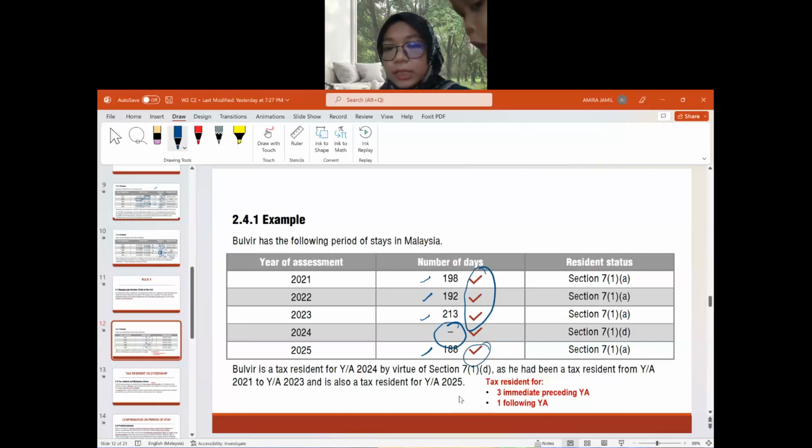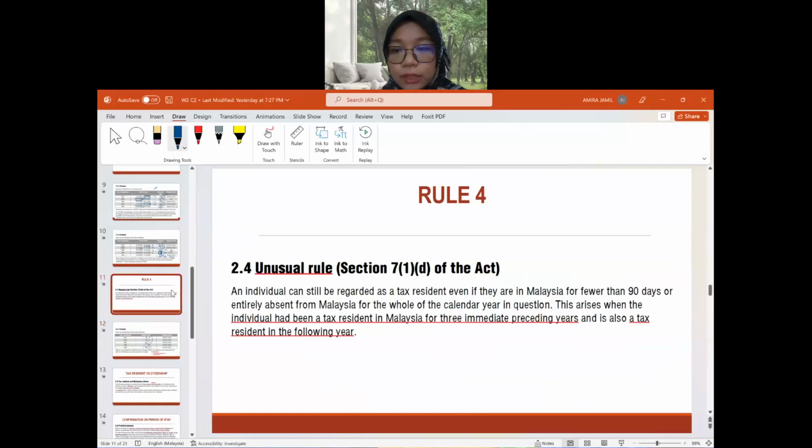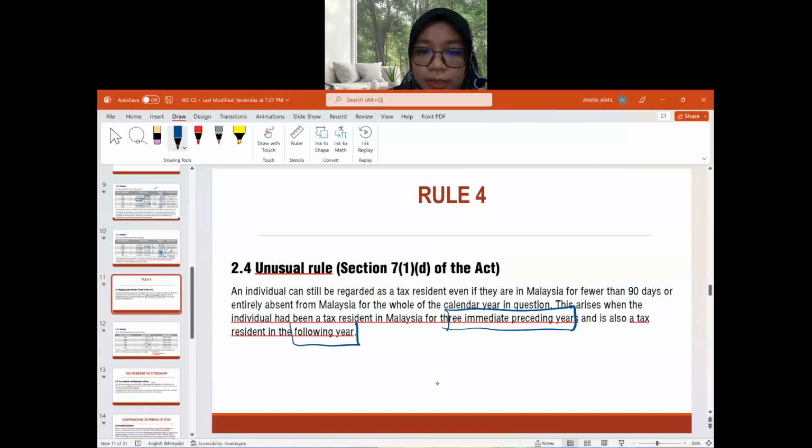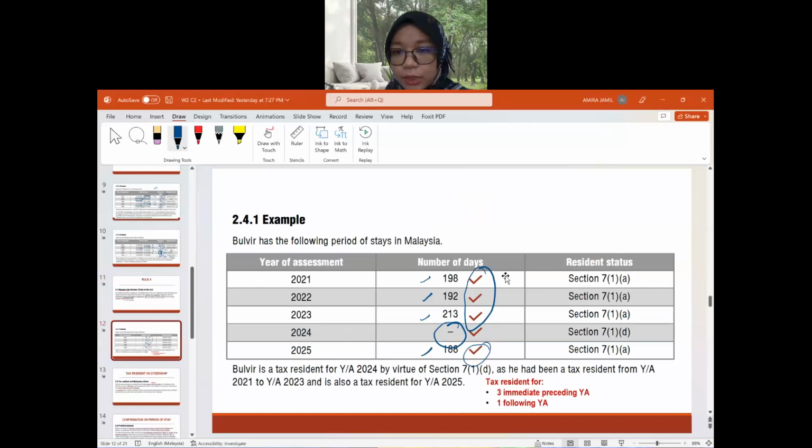So he can be considered as tax resident under rule number 4. The key is 3 immediate preceding years and tax resident in one of the following years. Like this one, 3 immediate preceding years and 1 following year. This is the key for rule number 4.